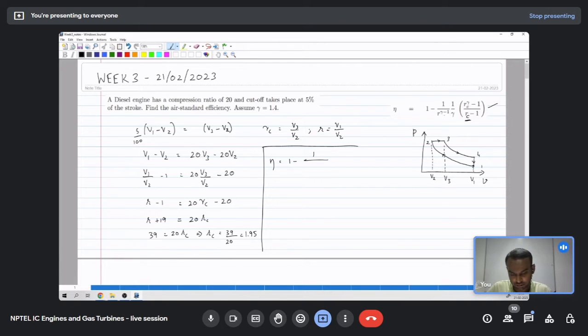So r is 20, power gamma minus 1 is 0.4, into 1 by gamma is 1.4, and we have rc, 1.95, power gamma, which I will write as 1.4, minus 1. The denominator is 1.95 minus 1.